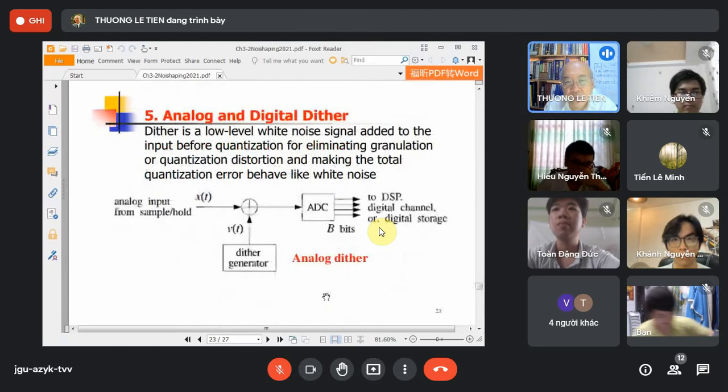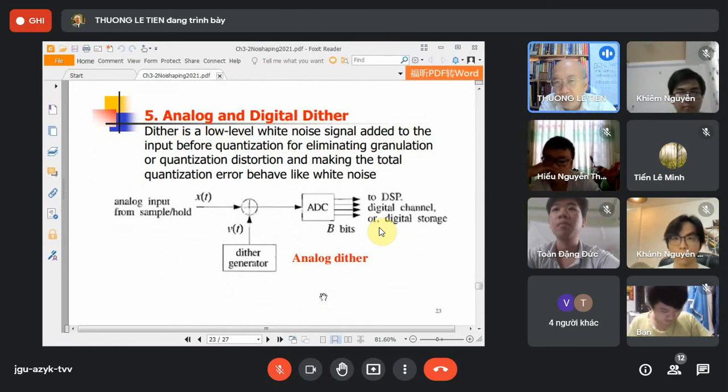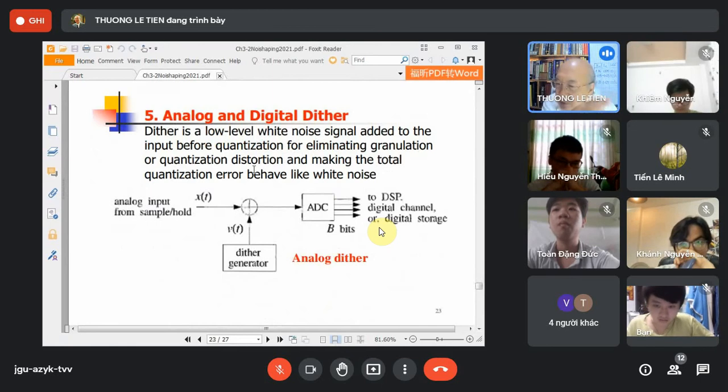Now this one, the detail, just quickly pass through. Actually, this one, the dither is a low-level white noise added to the input before quantization for eliminating granulation or quantization distortion. Because when we do ADC conversion, in the case of a signal with low level, the ADC conversion will round it up or down.